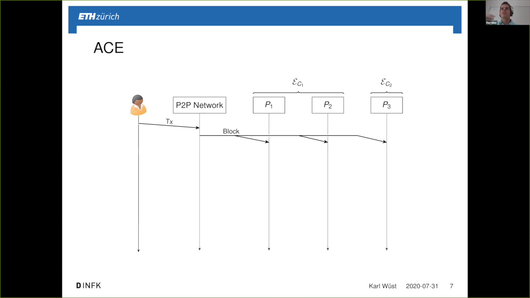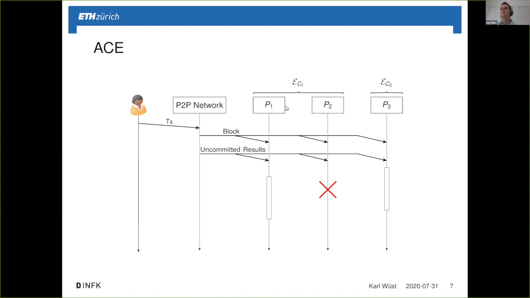The miners then include this transaction in a block, and the service providers fetch this block from the network. The service providers also get uncommitted results from previous transactions of the other contracts from the peer-to-peer network, which means that P1 and P2 get results for contract C2, and P3 gets results for contract C1. With this, they can recreate the state of the other contract, which allows them to execute the full call chain.